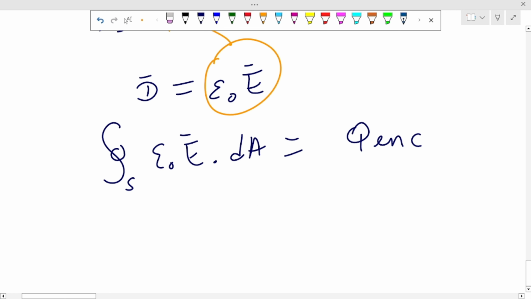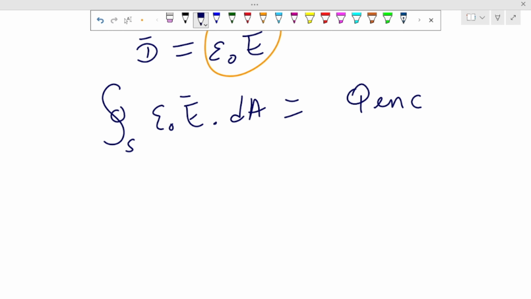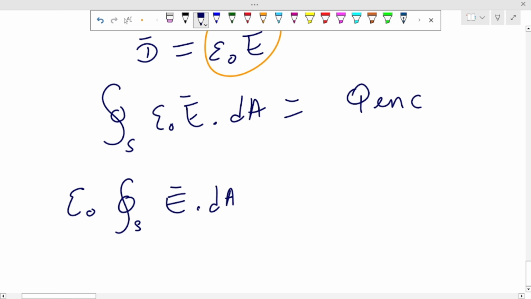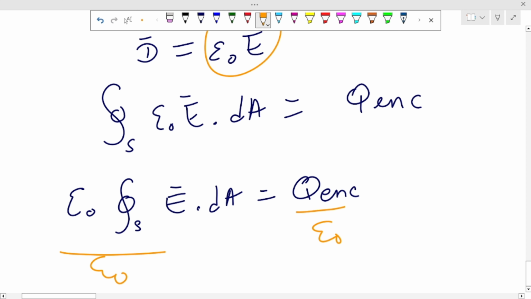Of course, this is a constant, so it comes out of the integral sign. And the integral equals the enclosed charge. I will divide both sides by this constant, so it will cancel.